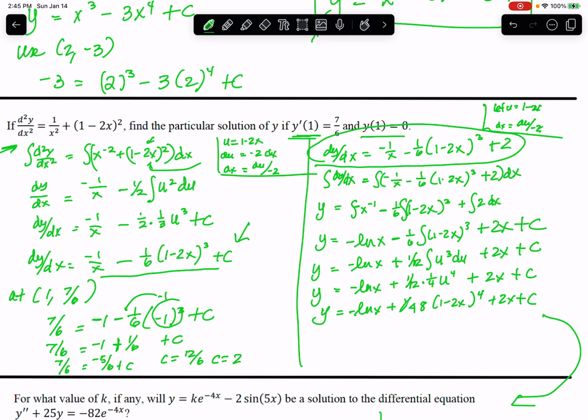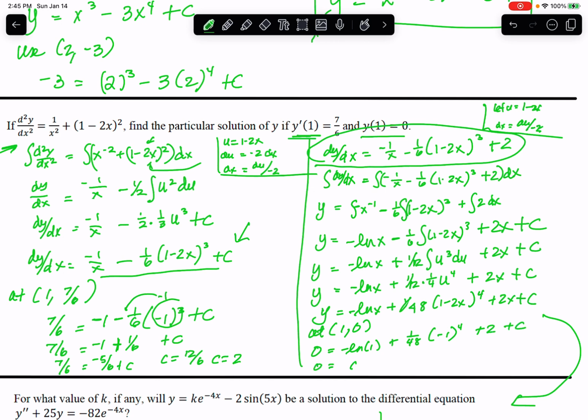And so now I put in the point 1, 0. I get 0 equals negative ln of 1, which we know is 0, plus 1 over 48 times negative 1 to the 4th plus 2 plus c.